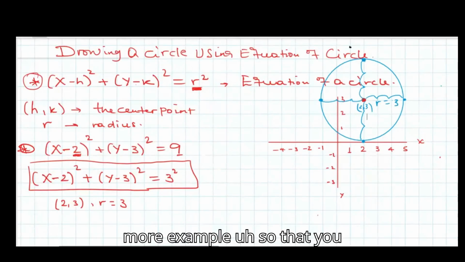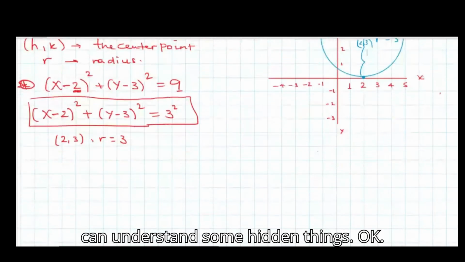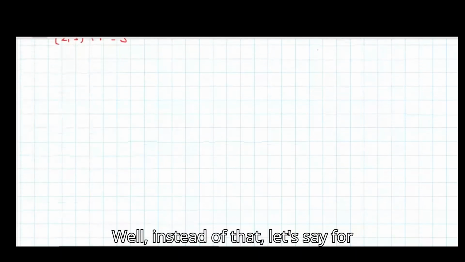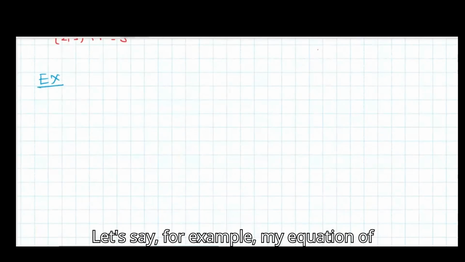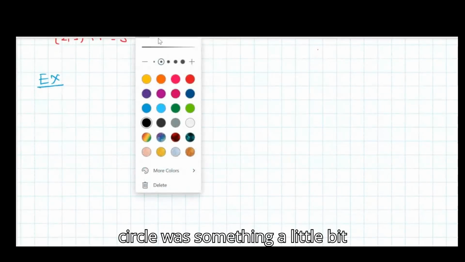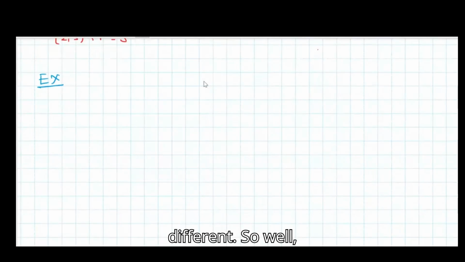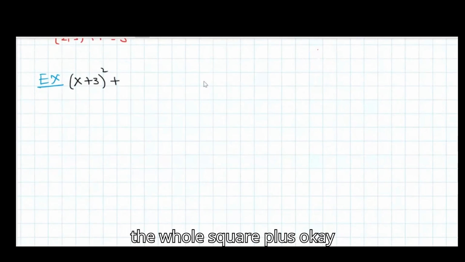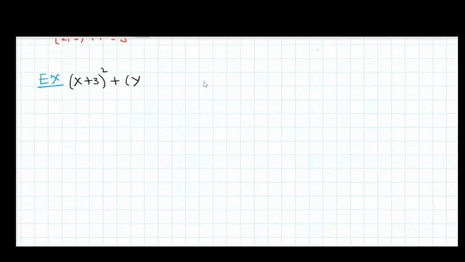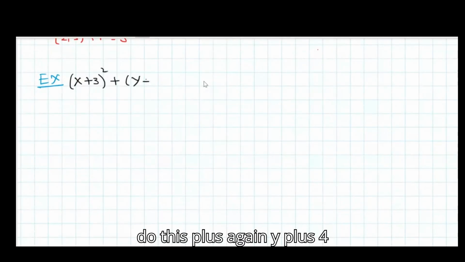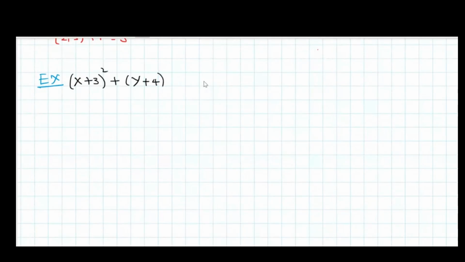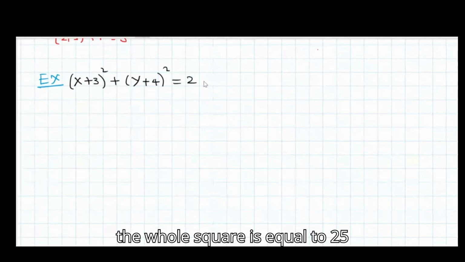Let me give you one more example so that you can understand some hidden things. Let's say my equation of the circle was something a little bit different: (x + 3) the whole square plus (y + 4) the whole square is equal to 25.